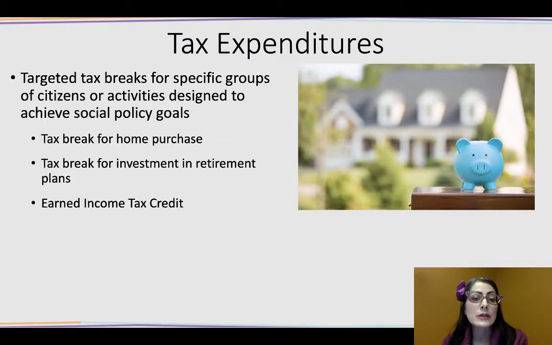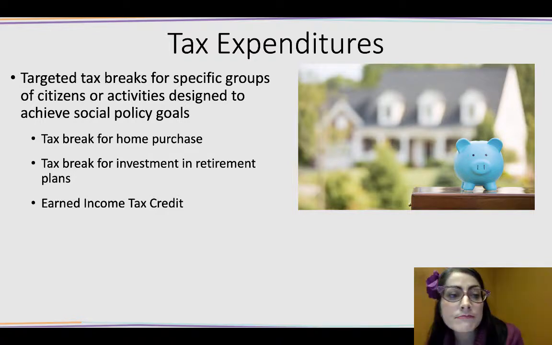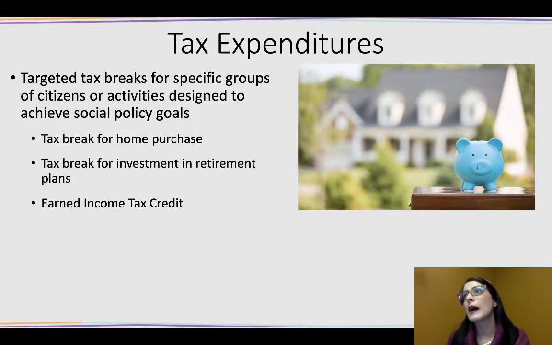A lot of times they'll have special programs, like tax breaks for first-time home buyers, or you get tax breaks if, say, you buy energy efficient windows or different things like this. So these are different types of tax expenditures.